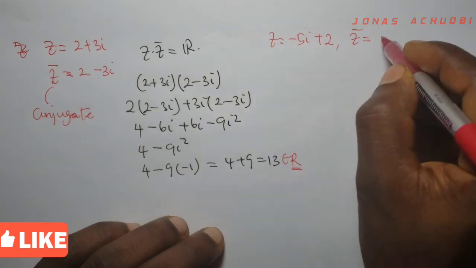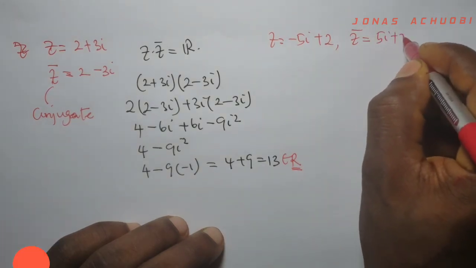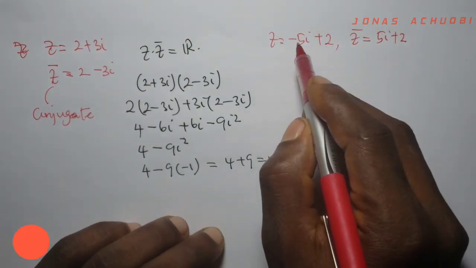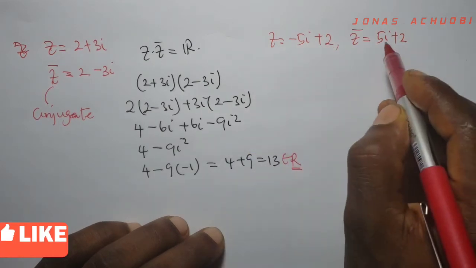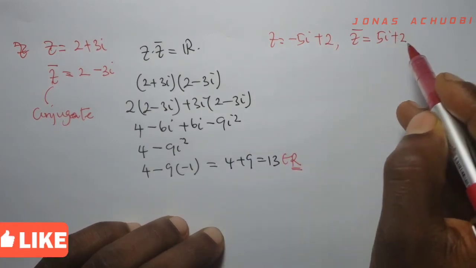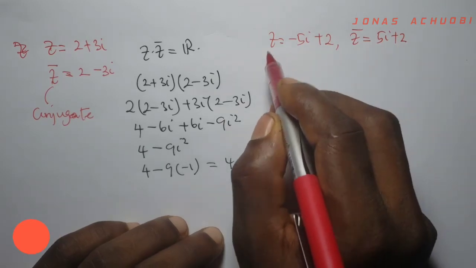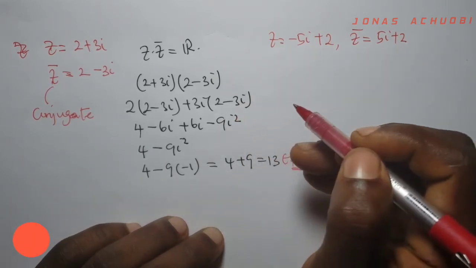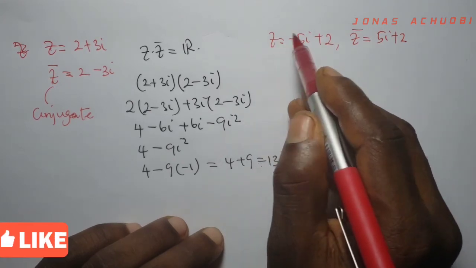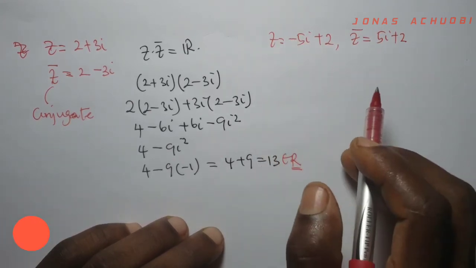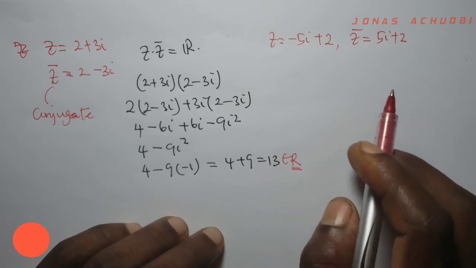The opposite sign here is plus, so it is 5i plus 2. So while minus 5i plus 2 is the complex number z, 5i plus 2 becomes the complex conjugate of z. Once again, if we multiply z and its complex conjugate, we should end up with a number which is not complex, rather real.